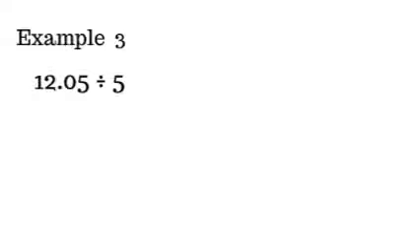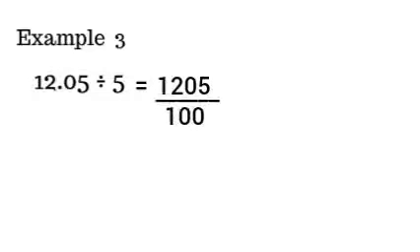The first number, 12.05, has 2 decimal places. So we will have 1,205 over 100. Why is it over 100? Because 100 has 2 zeros and the number has 2 decimal places. Divided by 5. Now 5 is a whole number, right? So we will leave it as 5.